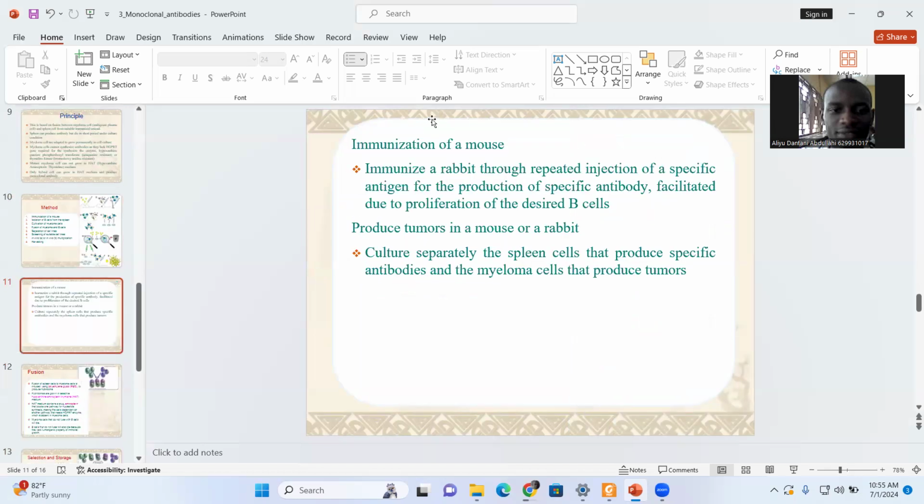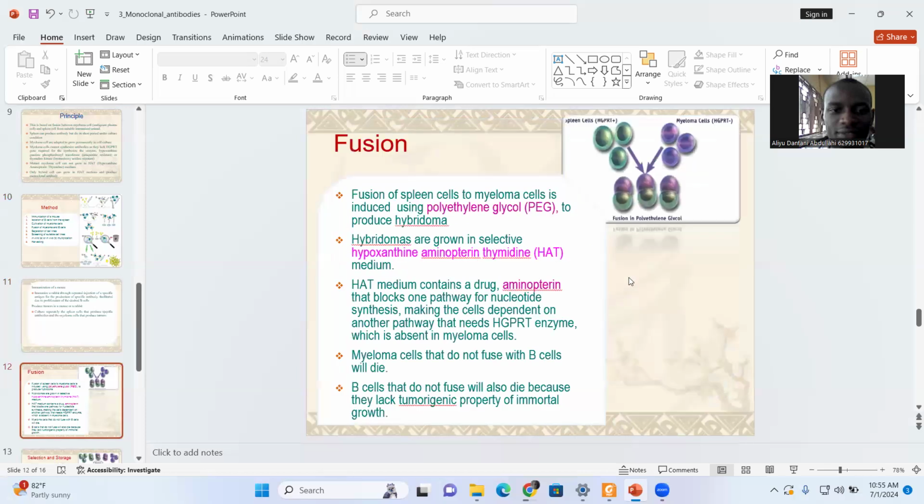And then what is immunization? Immunization is through repeated injection of specific antigen for the production of specific antibody, facilitated due to proliferation of the desired B cell. So produce tumors in a mouse or a rabbit. In culture, separate the spleen cell that produces specific antibodies and the myeloma cells that produce tumors. And then we fuse.